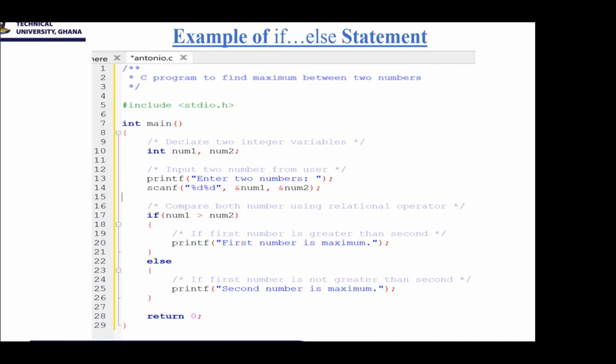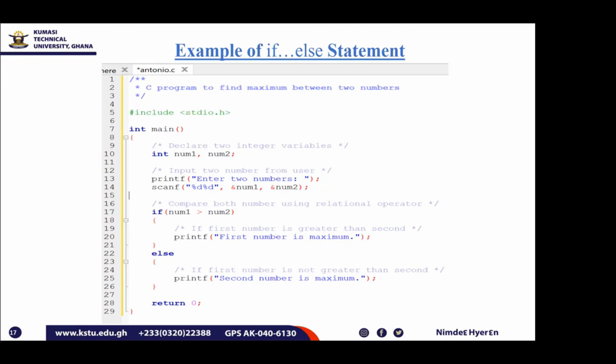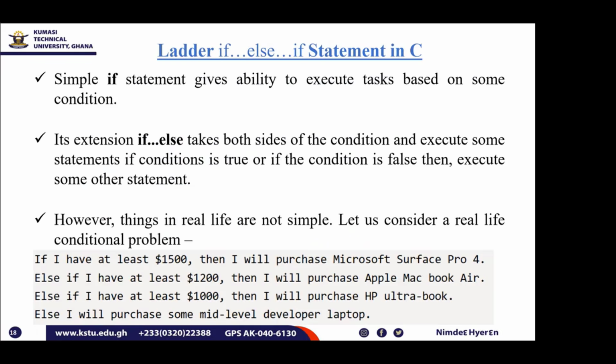However, if it checks the Boolean expression and it is false, then it means the second number rather is maximum. So this is a basic example of how to use the if-else statement.